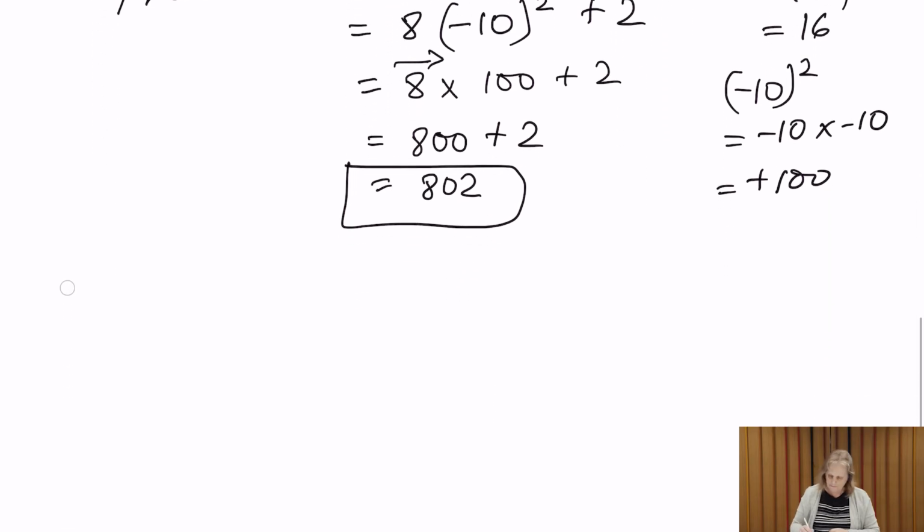Okay, let's have a look at the 4th question here, which is a little bit trickier. This is a bit of a challenge question, so we're going to use the whole page here. So let's have a look at evaluating this.